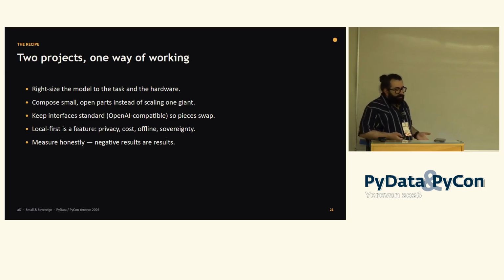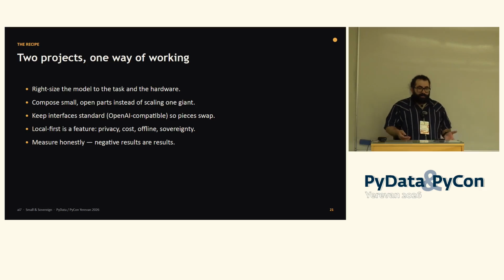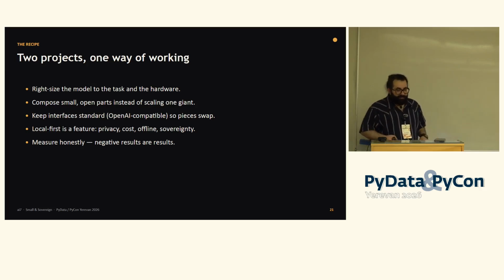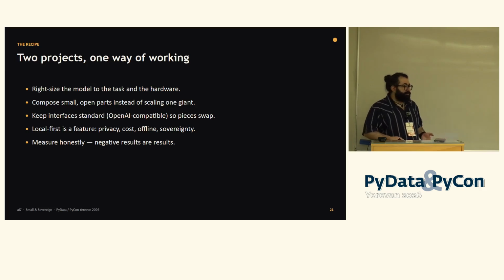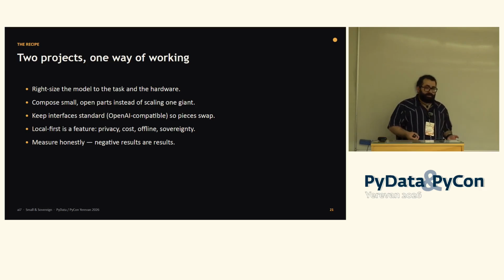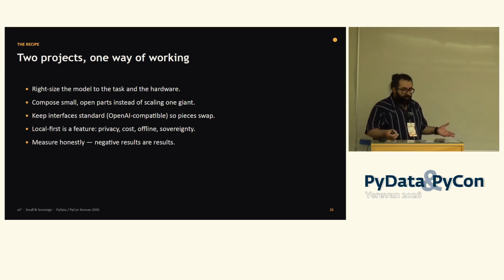So the two projects were basically aimed to prove that with the right size and right architecture, you can achieve things that are labeled or advertised as myth, that you need very expensive hardware to do even mid-level work.